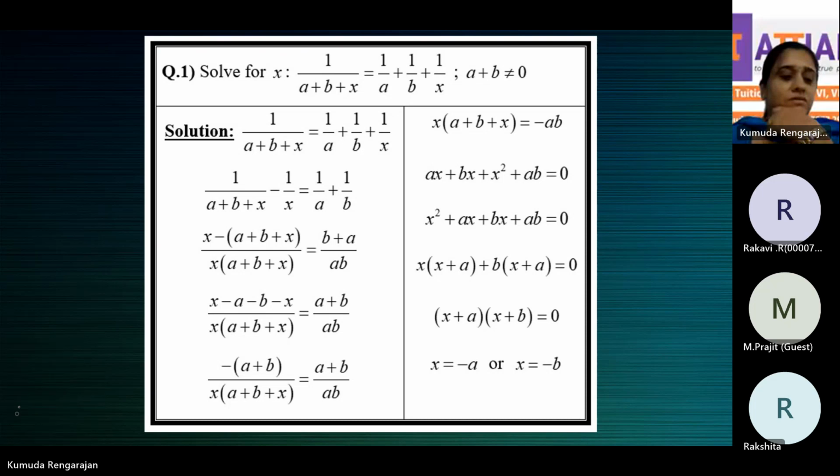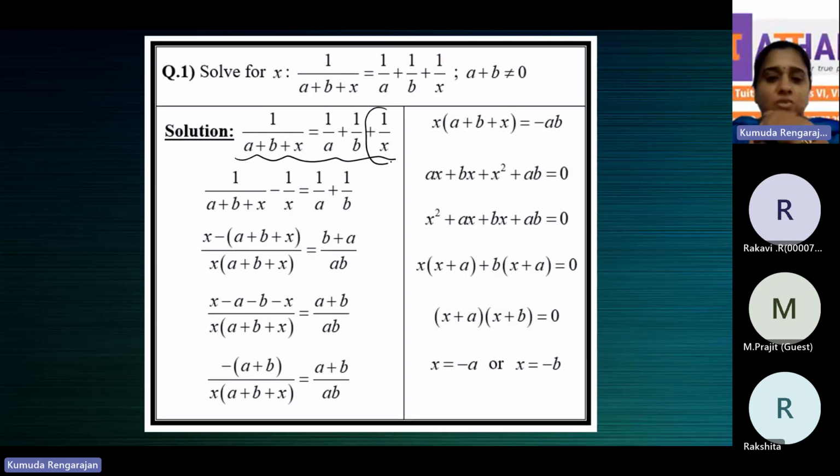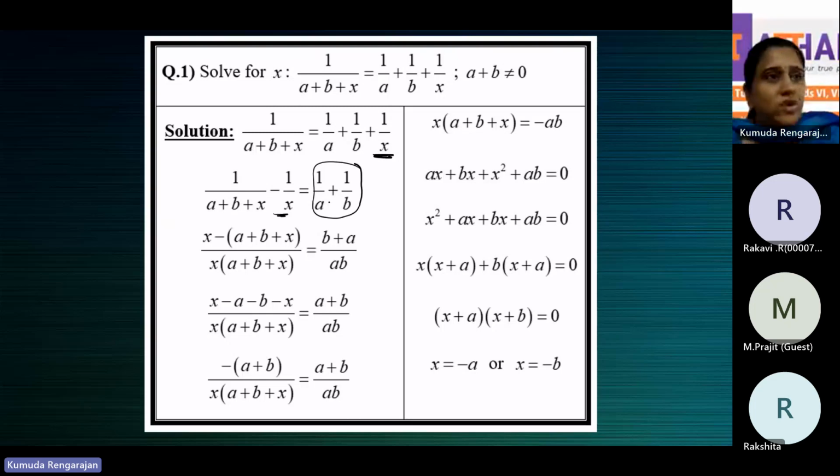Okay. So this is the given equation. The first step is to transpose 1 by x plus 1 by x. So when it comes to the other side, it will become minus 1 by x. Now take the LCM on both the sides. 1 by a plus 1 by b is like the constant, because there's no x there.